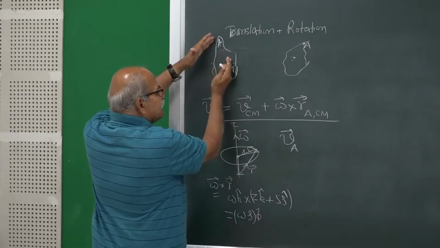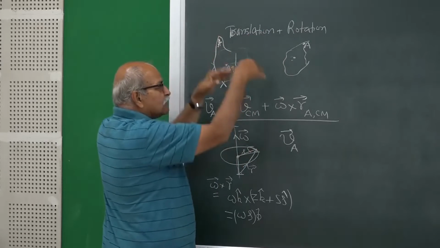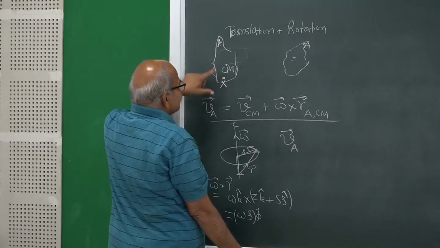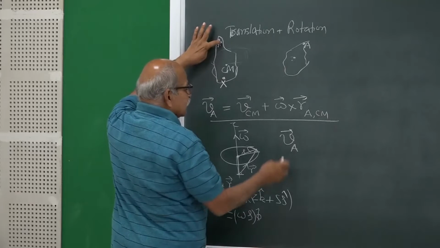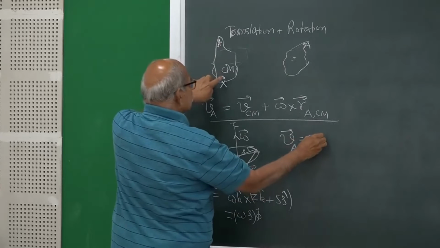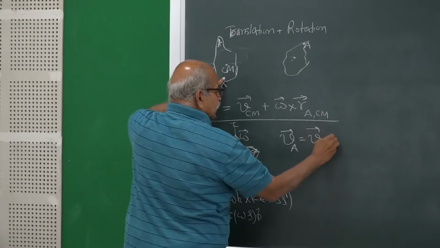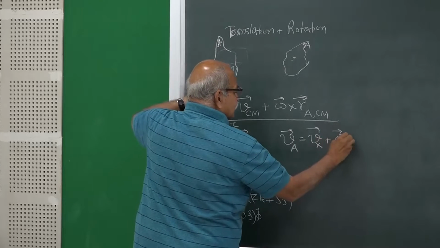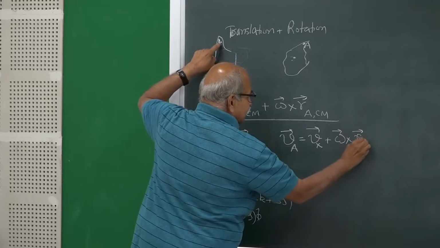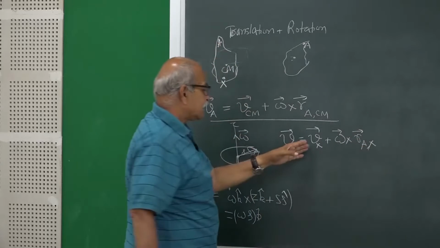Remember, going here to here has a lot of variations, so at any instant, what I am doing is writing the velocity of this particle at that instant, and that will be equal to the velocity of this point x plus omega cross the position vector of this particle a with respect to x.